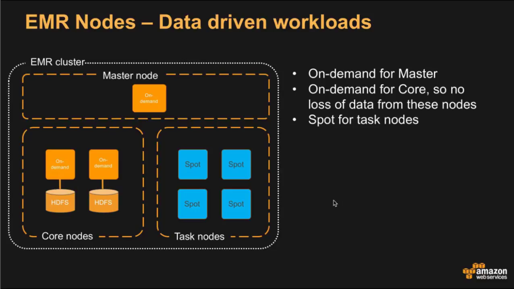The number of core nodes that you would add in this particular case to make sure your HDFS file system is scaling enough really depends on how much HDFS data you are going to store, how much data has to be available locally, and so on.